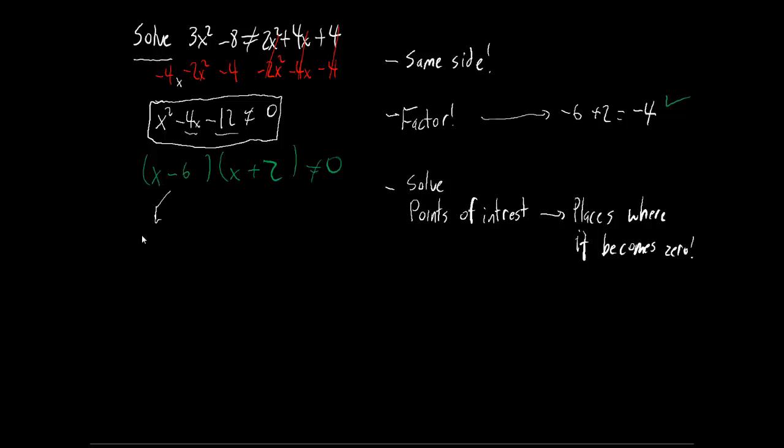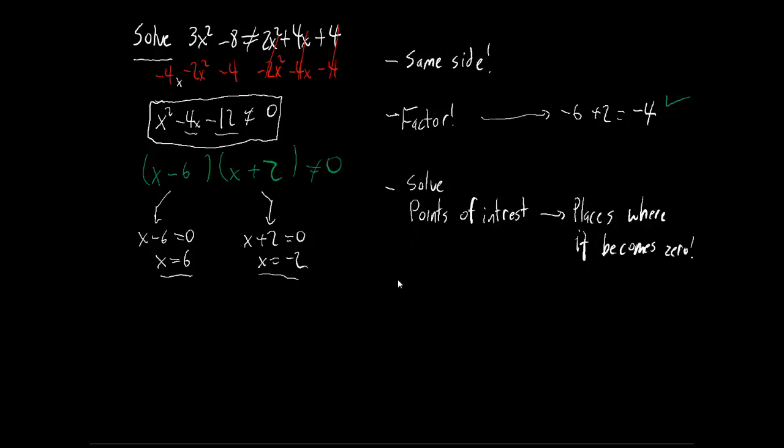So if we have the left piece, we'll say x minus 6 equals 0. If we just move the negative 6 over, we'll end up with x equals 6 as our first point of interest. If we go to the other piece, we'll have x plus 2 equals 0. If we move the 2 over, we'll have x equals negative 2 as our other point of interest.